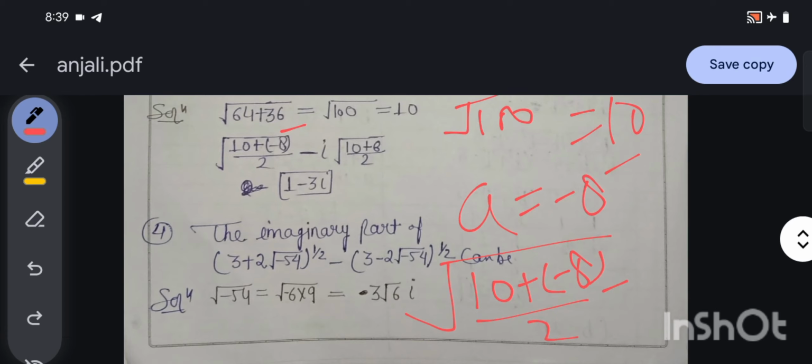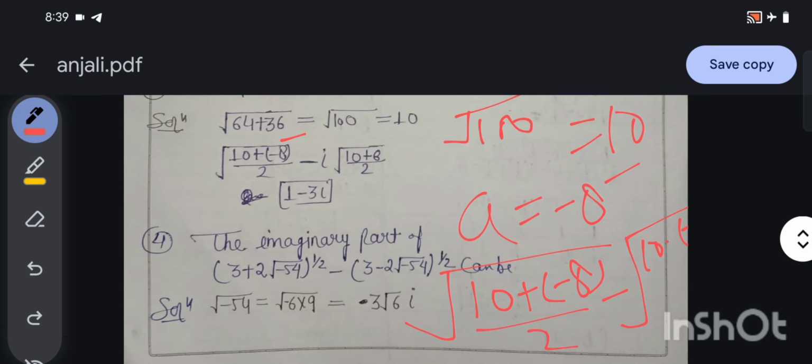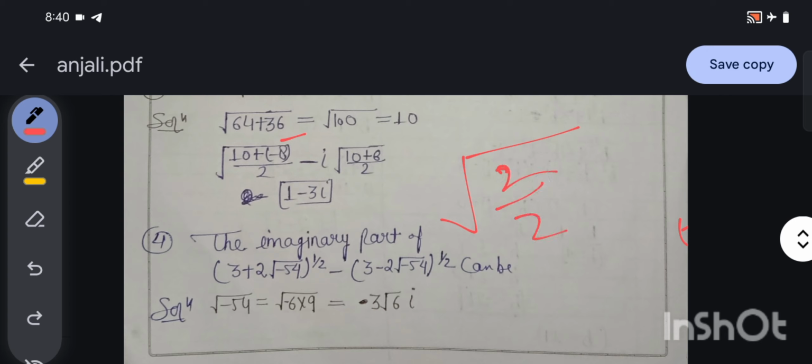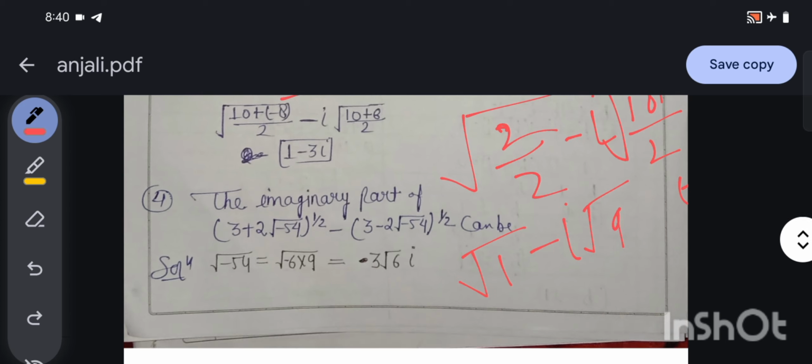So minus iota root of (10 minus (minus 8)) upon 2. It is clear? Then what will be your answer? Root of 2 upon 2, that is root 1, minus iota root of 18 upon 2, that is root 9. And what is the value of root 9? 3. So 1 minus 3 iota will be your answer.